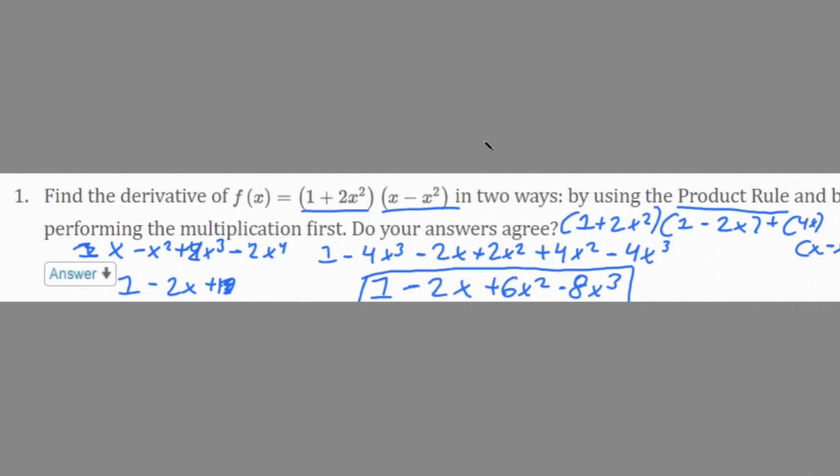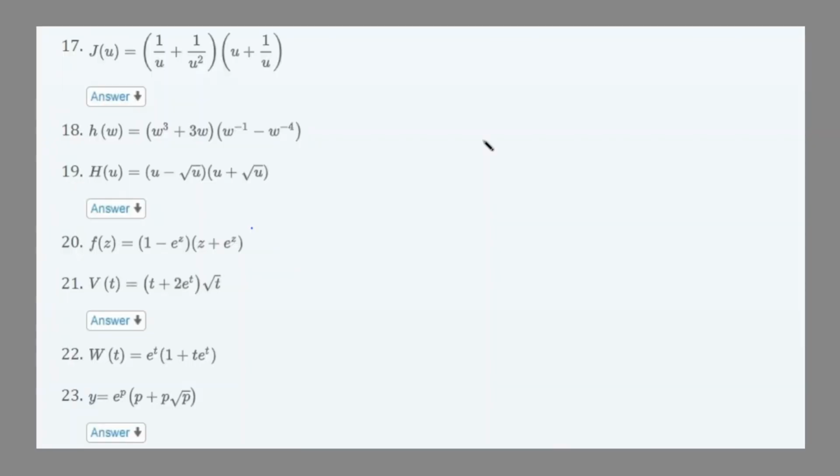Oh, that's 2. This is 2x to third power. 6x squared minus 8x cubed. So you can see by the power rule and the product rule, we got the same answer. So you could use a product rule or multiply it out and use a power rule, whichever one's faster and more convenient. Alright, so let's move on to these few questions here.